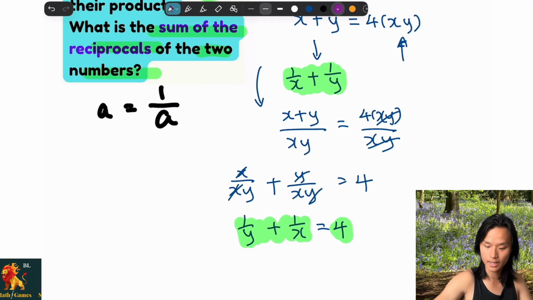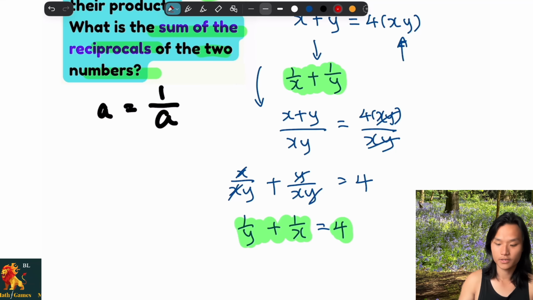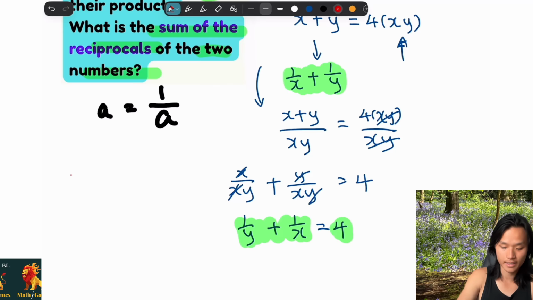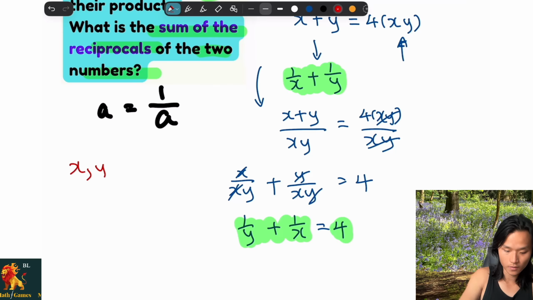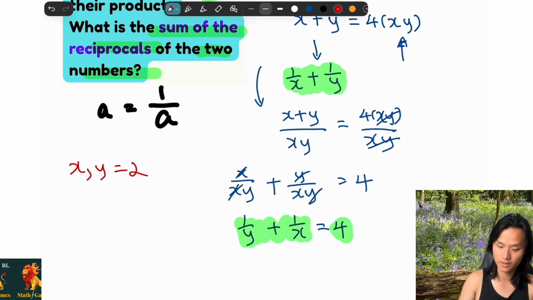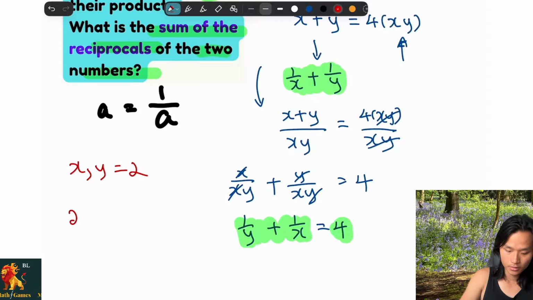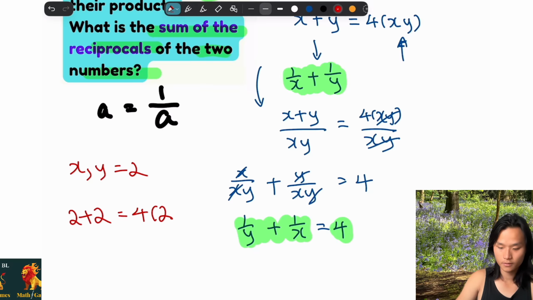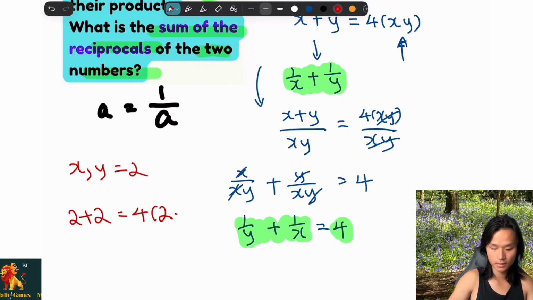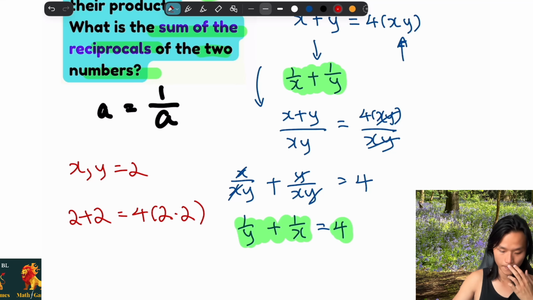And as a side note, we can try through trial and error to find x and y. They are just 2, because 2 plus 2 is just 4 times 2 times 2, right?